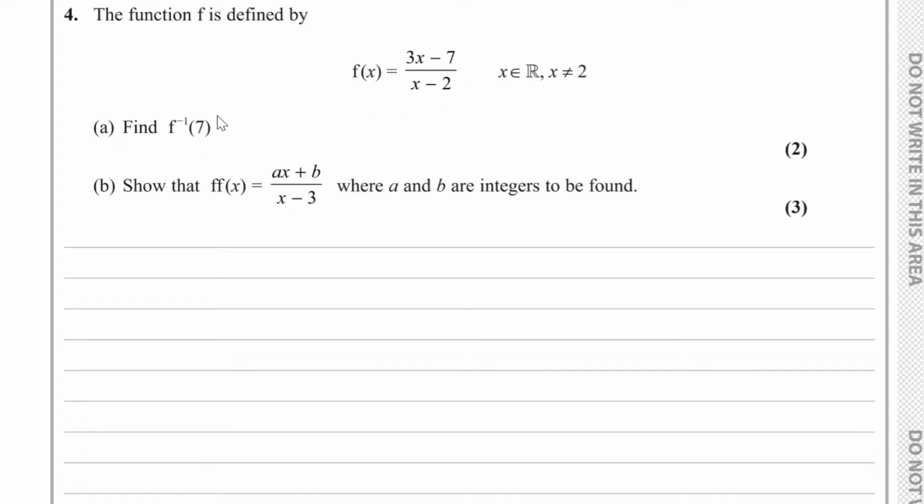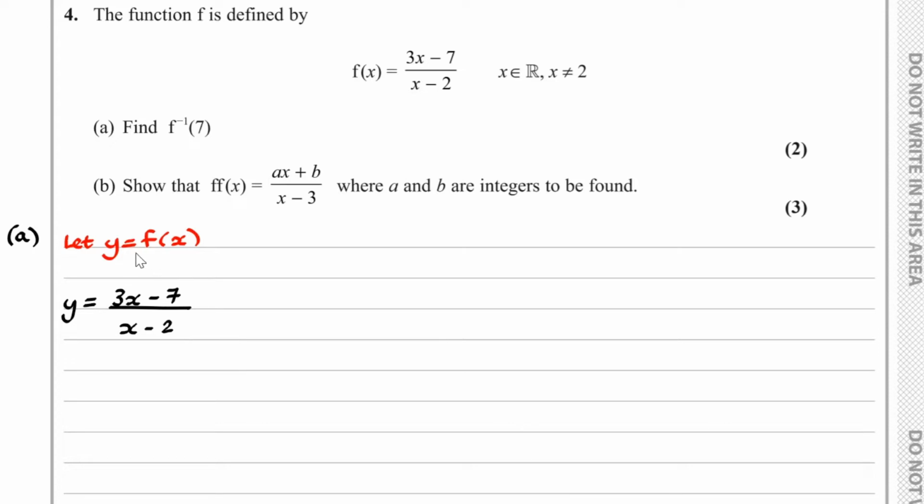First of all, we need to find out the inverse function, and then we can find out what happens when x is equal to 7. So, our first step would be to let y equal f of x. And if we do that, we have y equals 3x minus 7 over x minus 2.